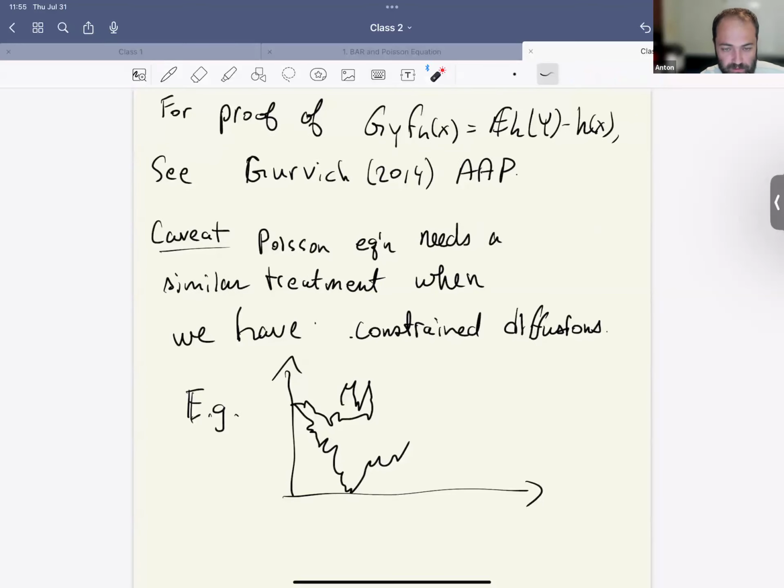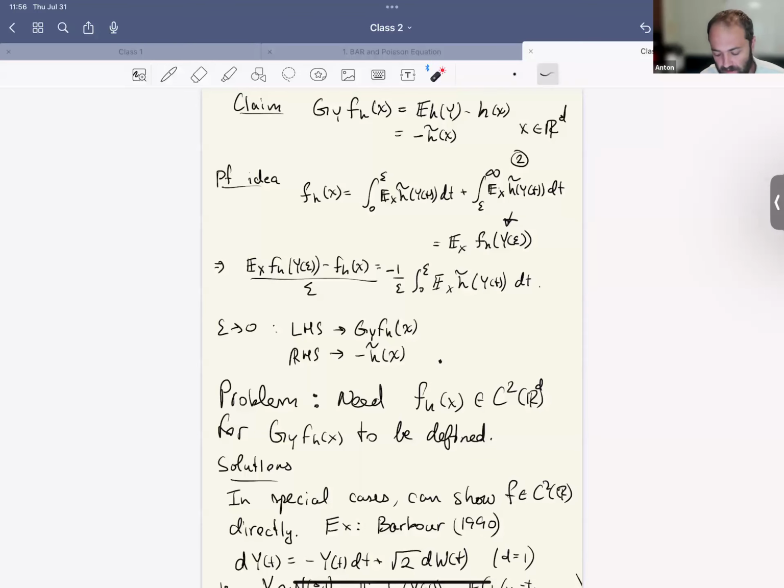He says, well, we needed F to be C2. So Itai will use PDE theory, elliptic PDE theory, to show that a solution to the Poisson equation is C2. A priori, we have no knowledge about that.